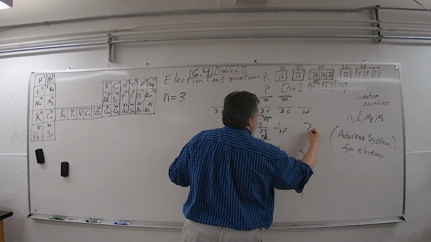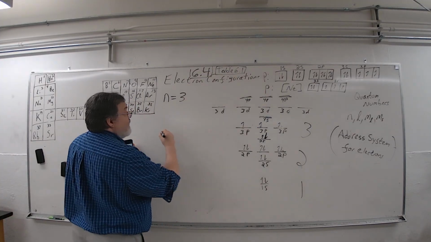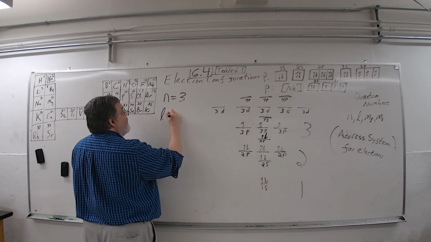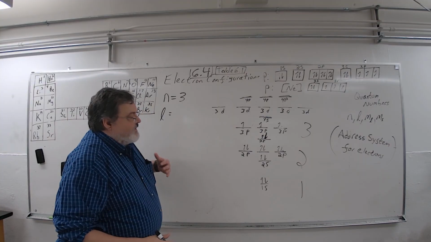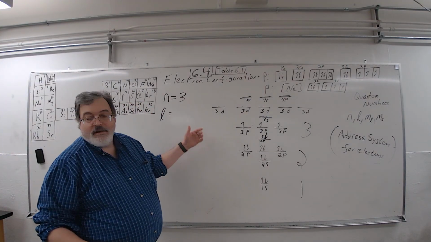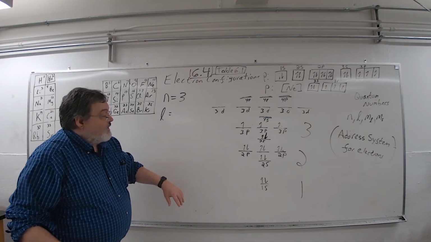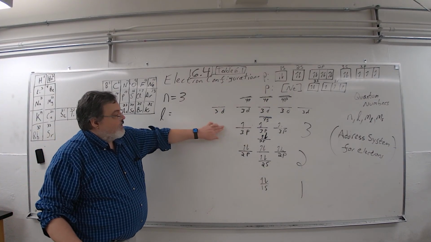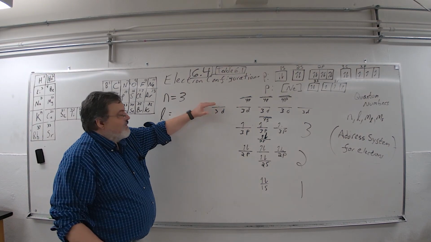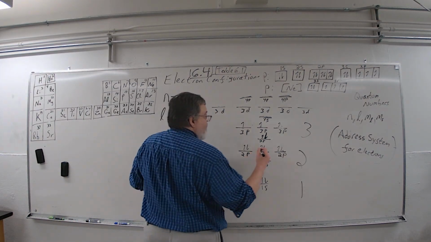The 3s go with 3, that's the n number. All right, the L number, it's telling you which type of orbital it's in. Is it in an S? Is it in a P? Is it in a D? Is it in an F? So we're told we're here in the 3 level. So we're in one of these. The next number tells you which one.